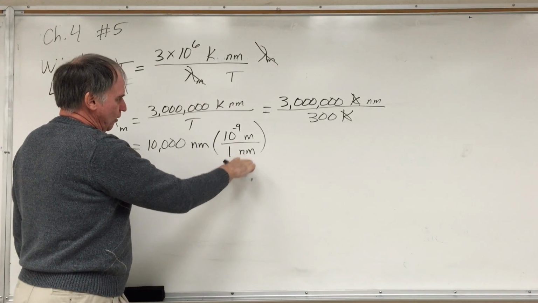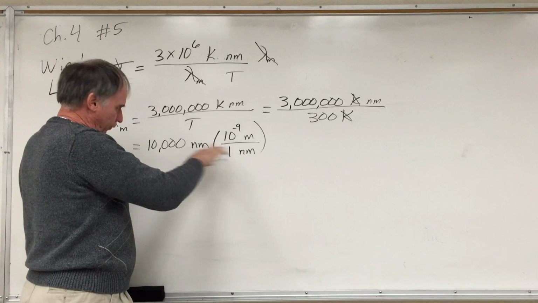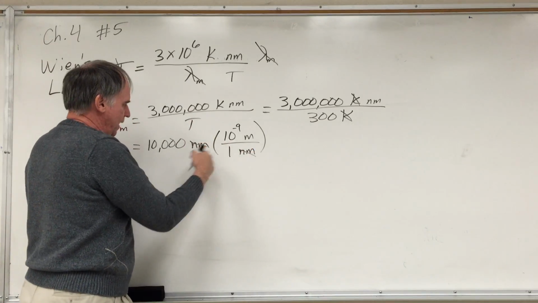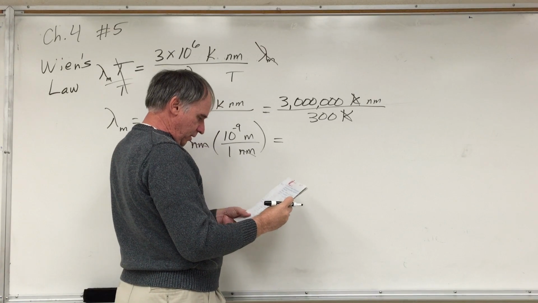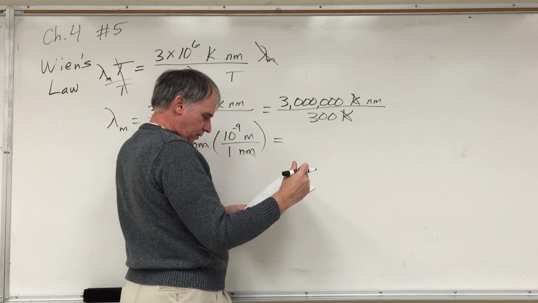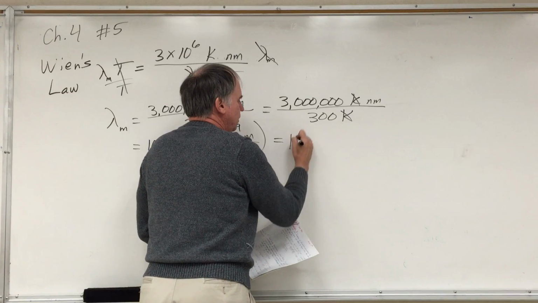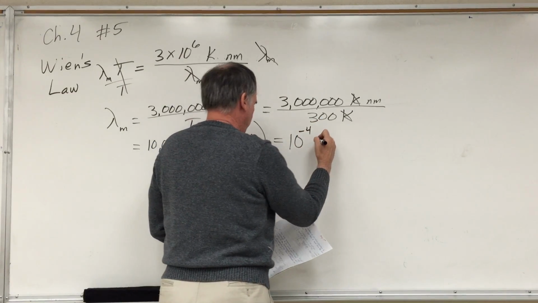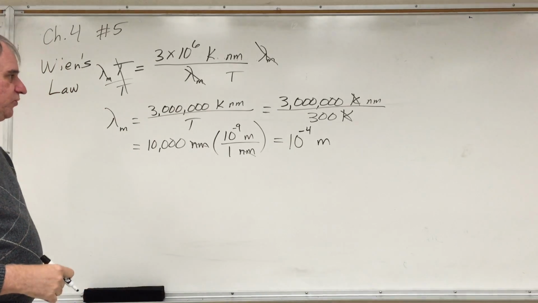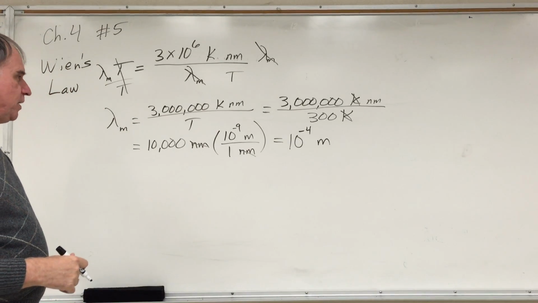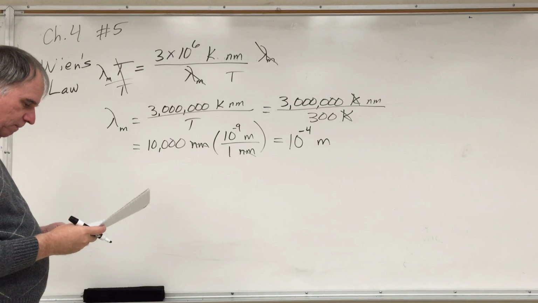So 1 nanometer is the same as that. This is a factor of 1. It converts from nanometers into 10 to the minus 4 meters. That's 0.0001 meters.